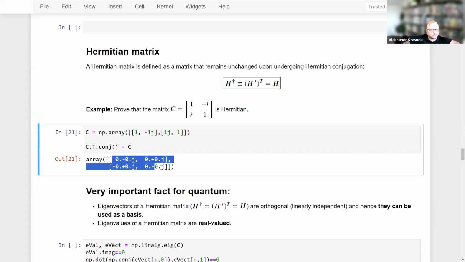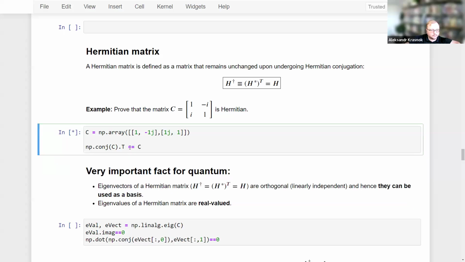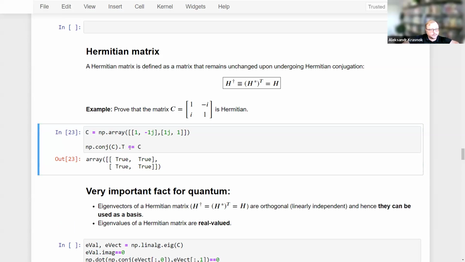Indeed, the result is the zero matrix. Probably when we discussed the complex conjugation, we used numpy dot conjugate, something like this. So is it really the zero matrix? We can check if they coincide. Okay, now it works, True.